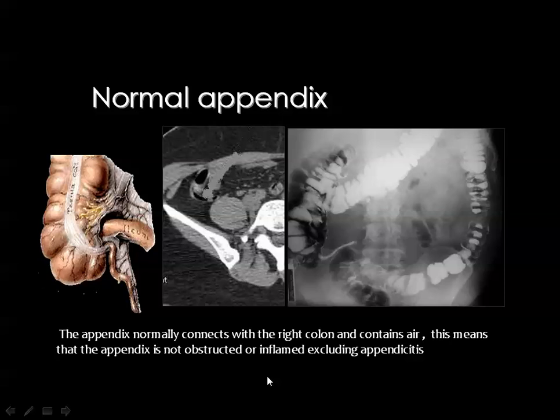Then appendicitis is inflammation of the appendix, and you know that the appendix is a tube which is normally filled by air, and sometimes you can see it in the CT scans.